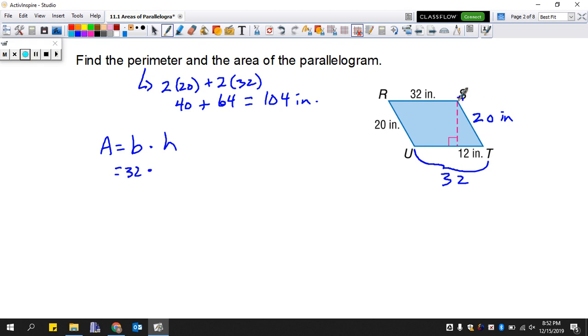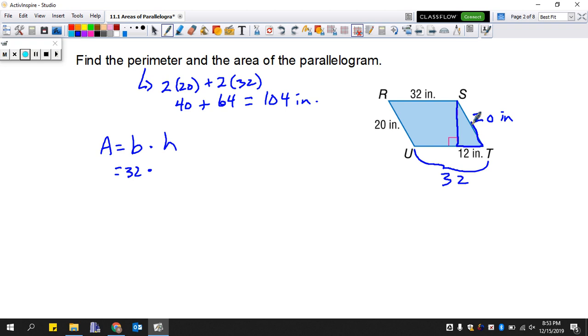The height is this part right here, which we're not given. But if we look here, we know that this is a right triangle.